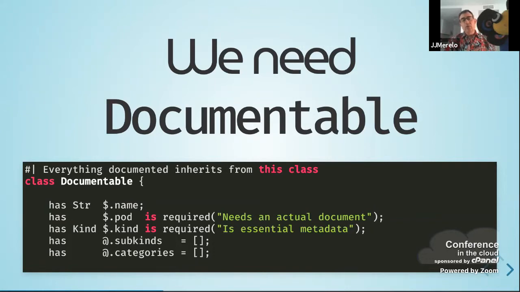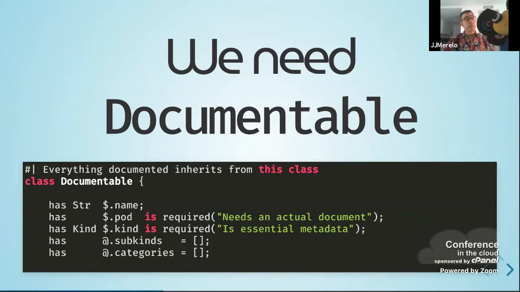What we want with Documentable is kind of an API for documentation. So what we want is a way of putting everything together and making it easily usable from other modules, and an easy way of producing everything that I have talked about so far.